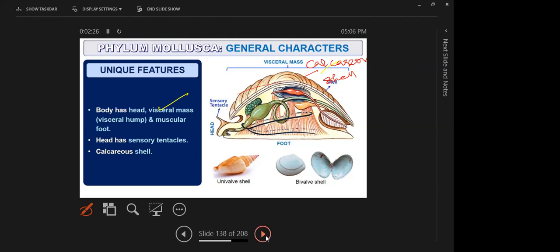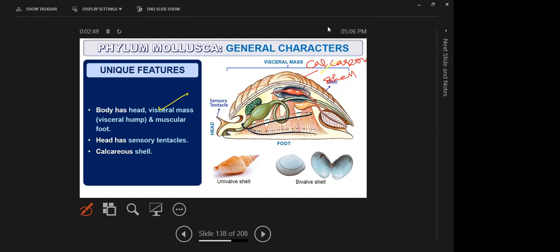Some of them come, probably some of the snails have asked me, they gave some money and borrowed the calcareous shell from me. Some crabs borrow shells. What are they doing?